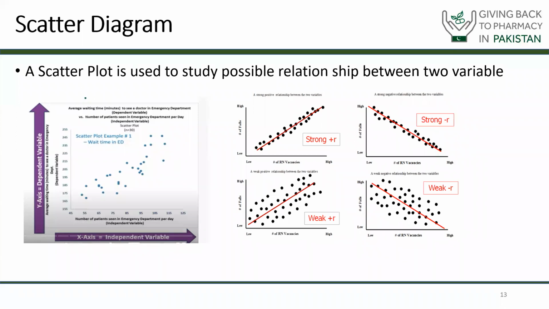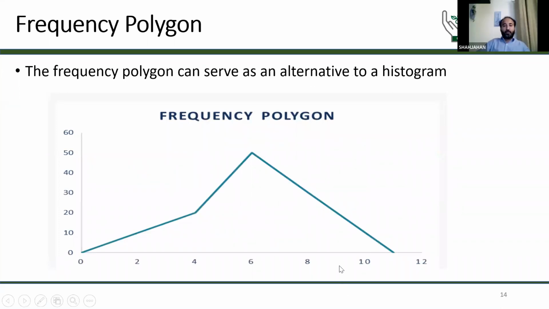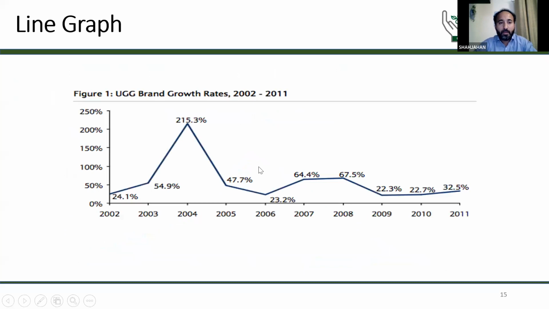Shahjahan. Thank you. The other graph we are using is the frequency polygon. The frequency polygon can serve as an alternative to the histogram, but in a histogram we use bars. Here, we are just using one line to show our data. The other graph we use to display the data is the line graph.